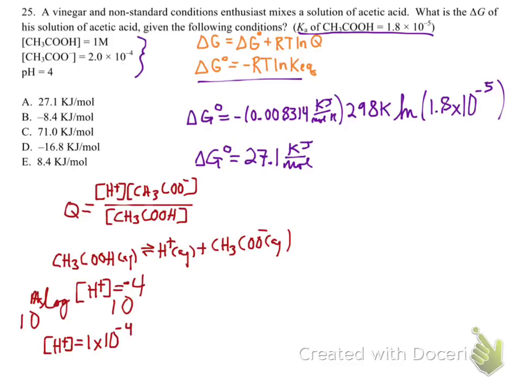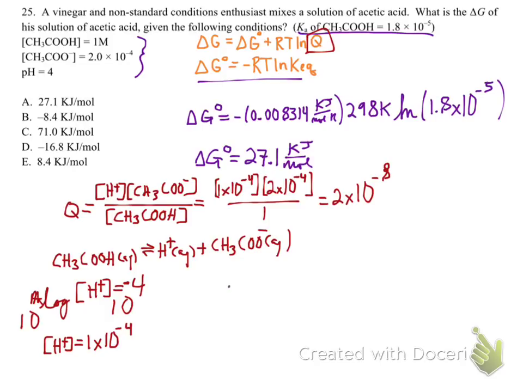Now we have all the concentrations we need to solve for Q. So let's do just that. This is going to equal 1 times 10 to the -4th times acetate's concentration, 2 times 10 to the -4th, all divided by 1. So this is going to equal 2 times 10 to the -8th.